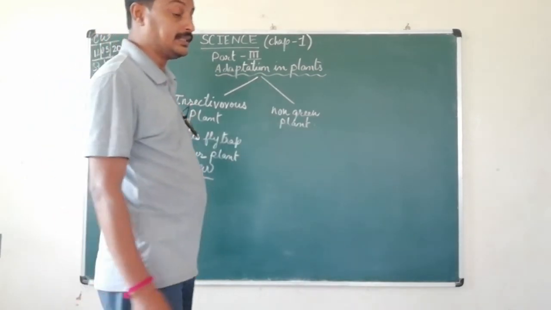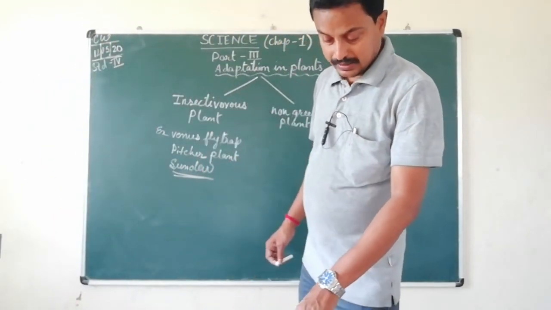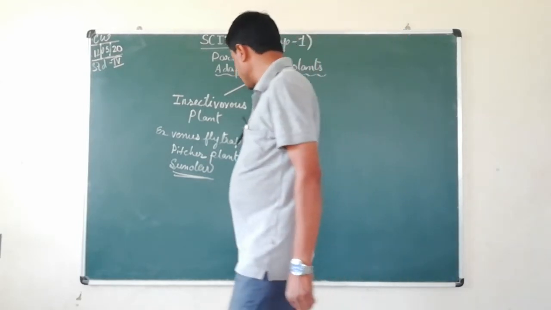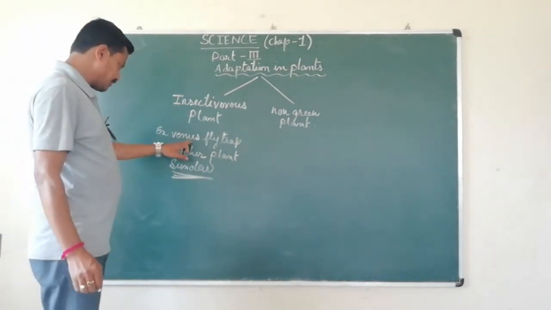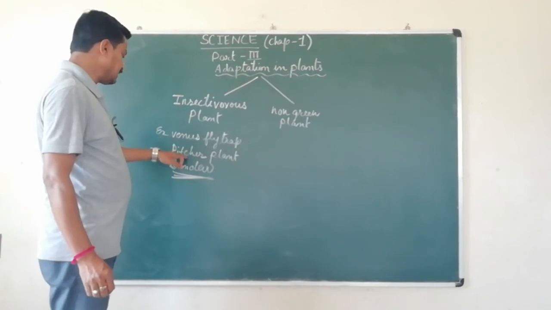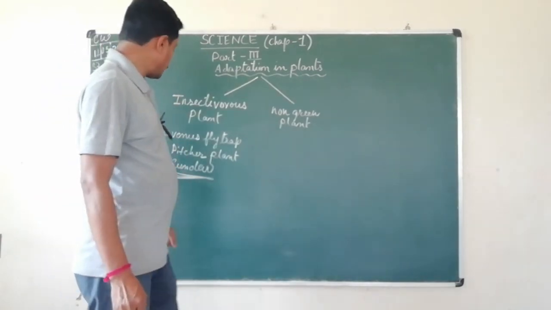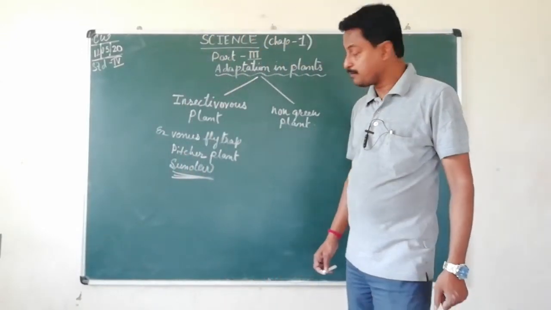We can also find them in areas like Sundarban, which is totally waterlogged. But Venus flytrap and pitcher plant are generally not found in our country. They are found in North America and Australia.